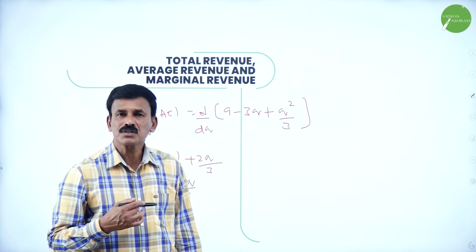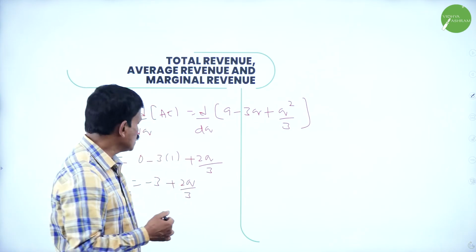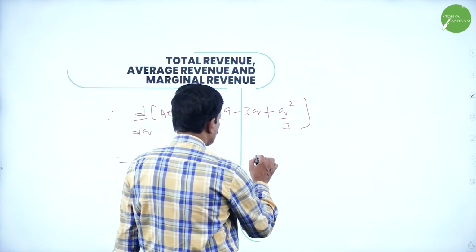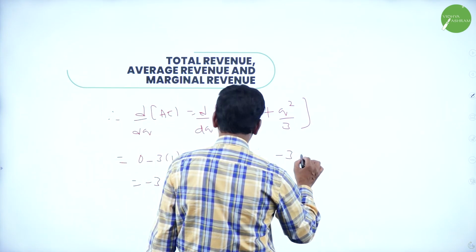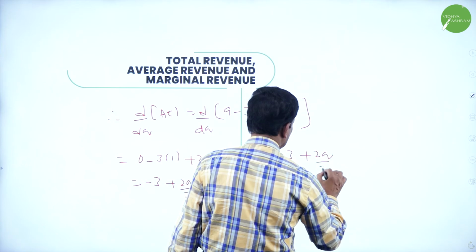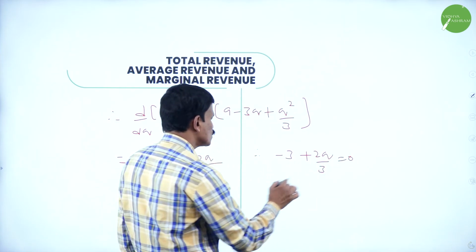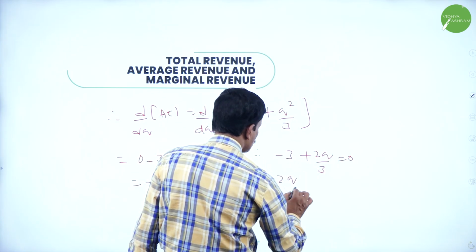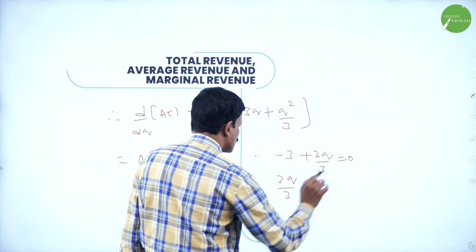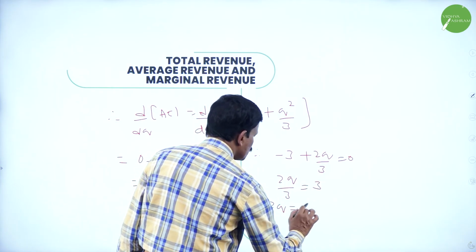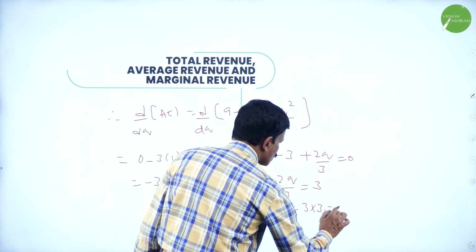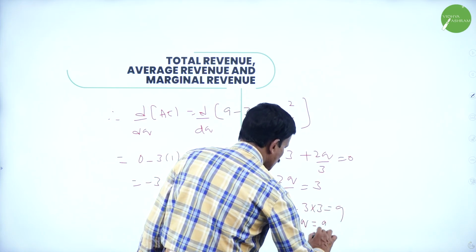Okay. So for the average cost to be minimized, equate this to 0. Minus 3 plus 2Q divided by 3 is equal to 0. This can also be written as 2Q by 3 is equal to 3. Cross multiply it: 2Q is equal to 3 into 3, that's 9. Q is equal to 9 divided by 2.